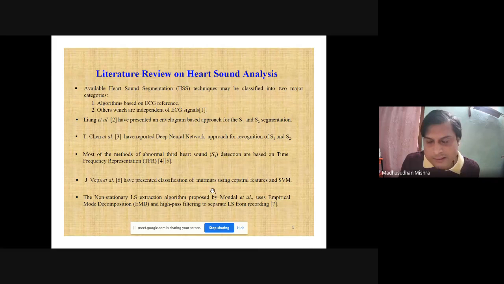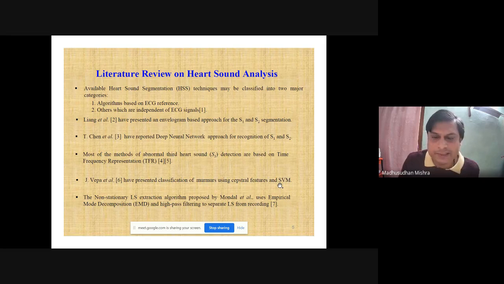Their classification has also been reported, which uses suitable features like spectral features, MFCC features, some energy features, some autocorrelation-based features, followed by classification using classifiers like support vector machine.